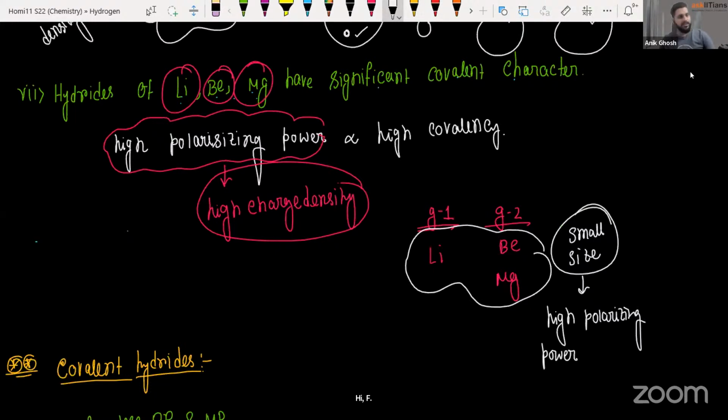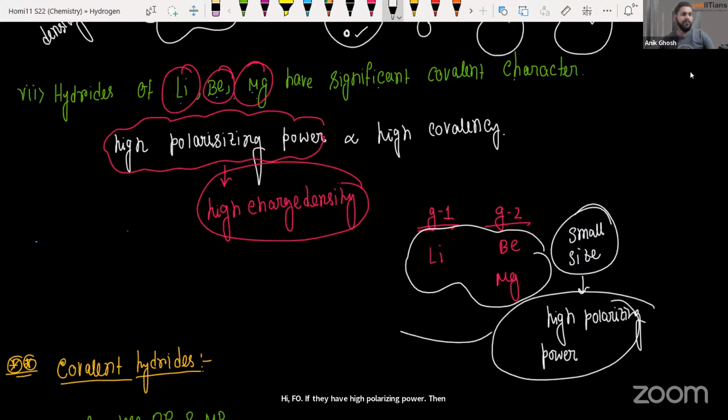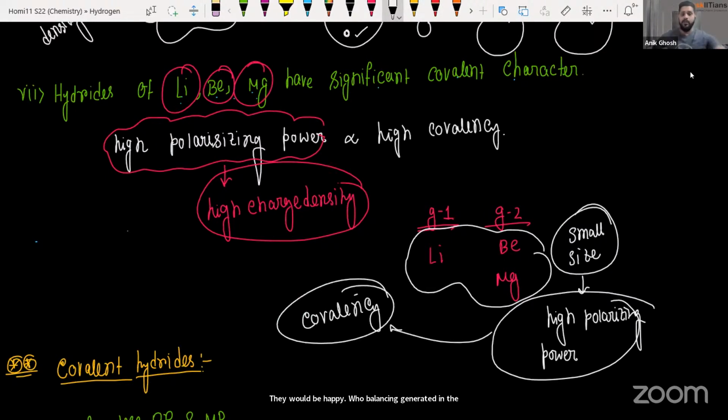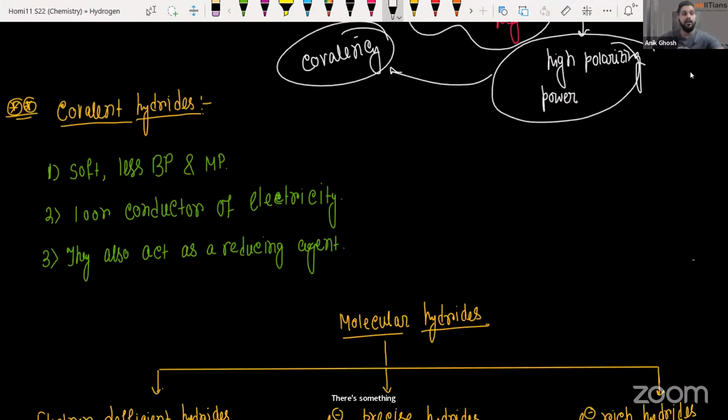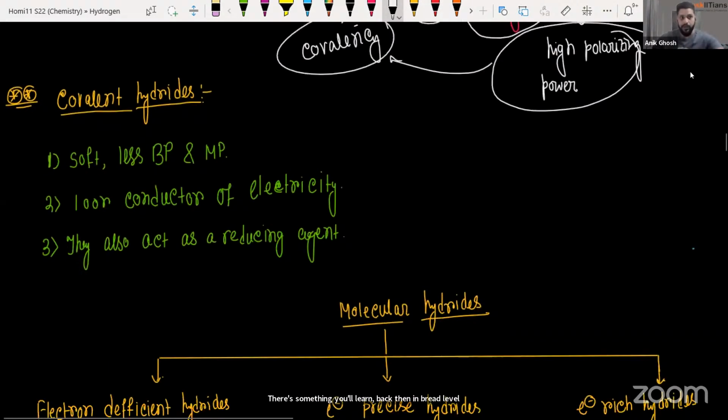If they have high polarizing power, then what would happen? They would be having covalency generated in their ionic compounds. This is something you learned back then in grade 11 chemical bonding chapter, right?